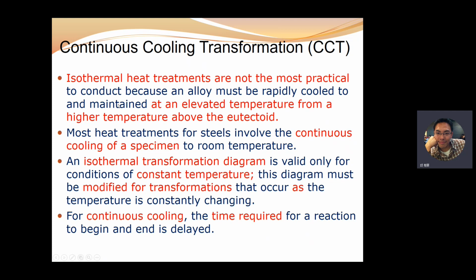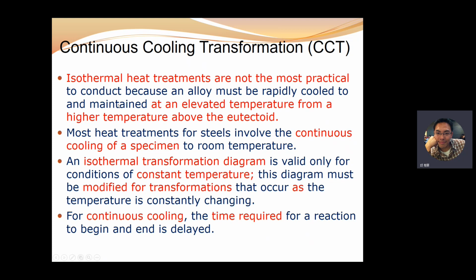Therefore, the cooling rate should be rapid. Okay, and the isothermal transformation diagram is only valid for conditions of constant temperature. This diagram must be modified for transformations that occur as the temperature is constantly changing.